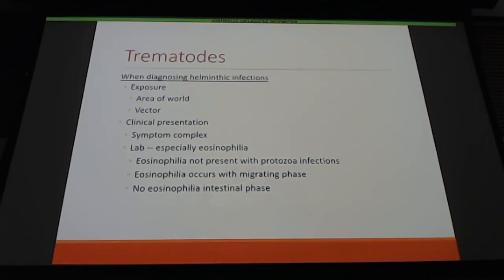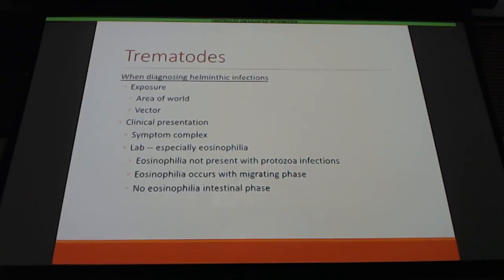Eosinophilia is not associated with protozoa. That will usually be regular labs and stool O&Ps, depending upon where they're at. The trematodes have to migrate to get to where they're going. During their migration phase is usually when we have a lot of eosinophilia.